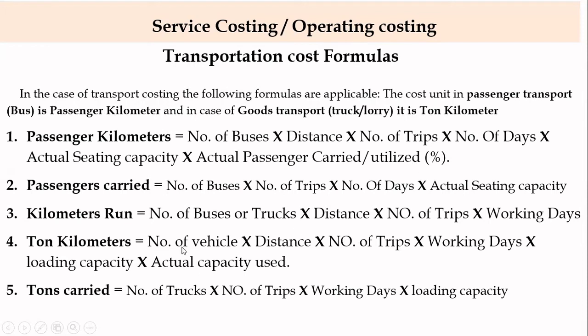Ton kilometers is equal to number of vehicles into distance into number of trips into working days into loading capacity into actual capacity used. Again, it will be given in percentage form. Right now, in this session, only remember these two formulas: passenger kilometer and ton kilometer. Now I'll be solving two or three problems which are asked for 2 marks. So let's do a few problems now.